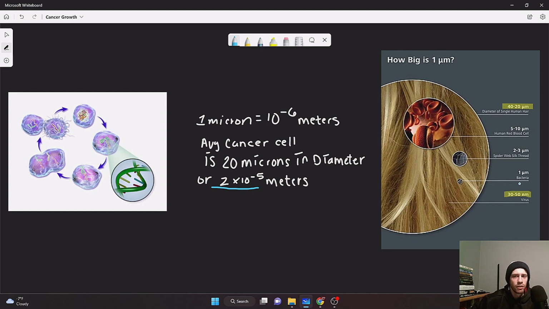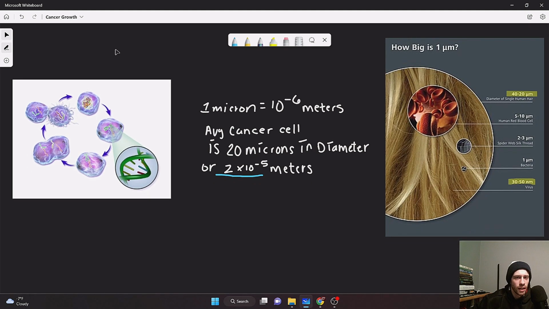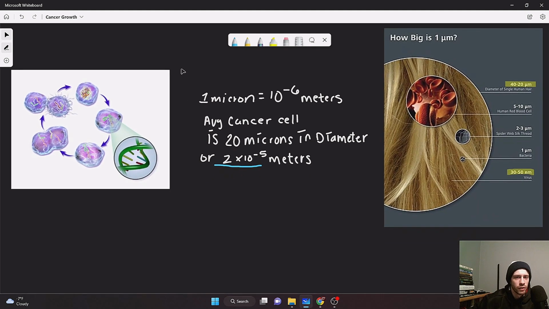And so we can use this diameter of a cancer cell, and we can calculate its volume, and we can use the formula that mathematicians derived a long time ago for the volume of a sphere. And maybe you have it memorized, I do not, or maybe you're able to derive it from the formula we have for a circle, and then we can continue to work our way to the spherical formula.